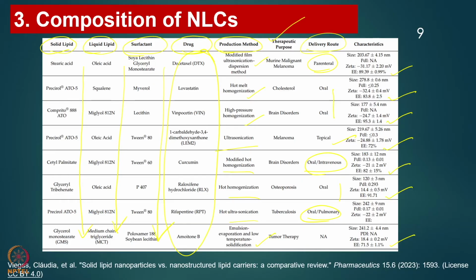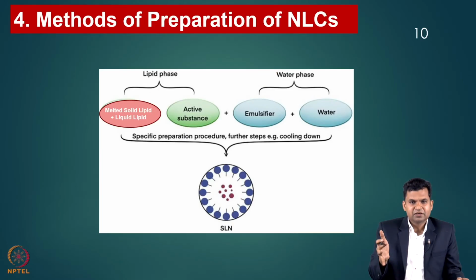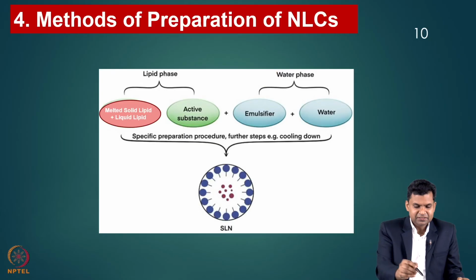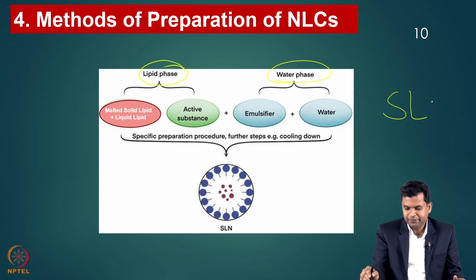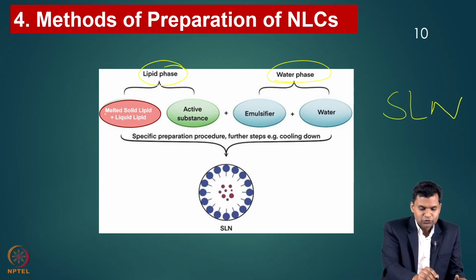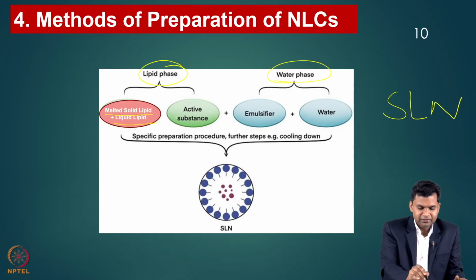So these are the various lipids we can use for NLCs. Now here is the method of preparation of NLCs. Again, we have to prepare a lipid phase and a water phase, similar to solid lipid nanoparticles, but you have to melt your solid lipid first, then add your liquid lipid and add your active substance. If required, you can add solvents also.